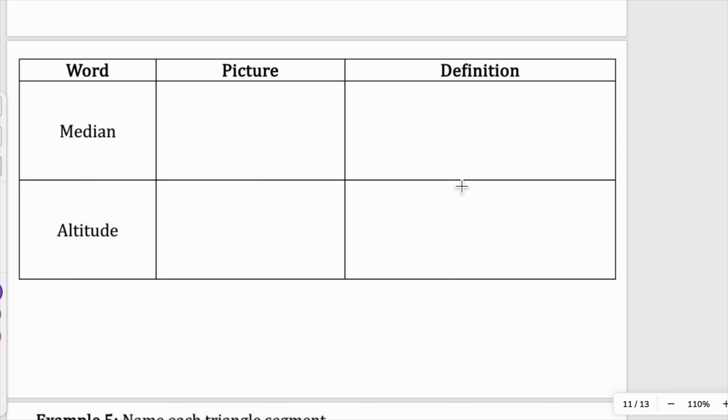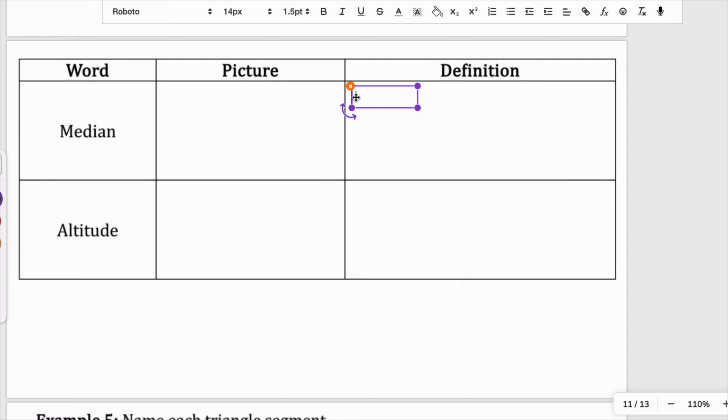The last part we're going to talk about is from lesson 6.3, I believe. This is where we're going to see medians and altitudes, different than the medians that you've talked about in data.